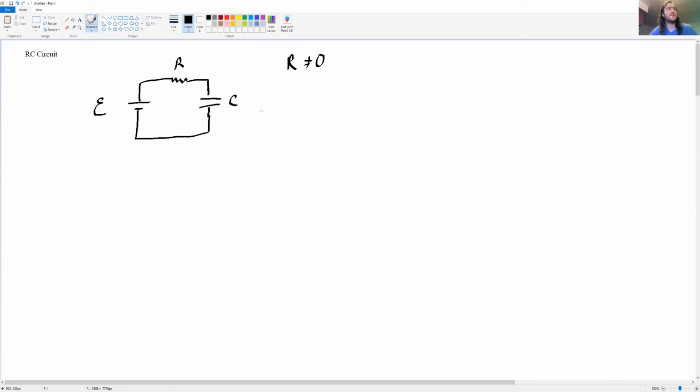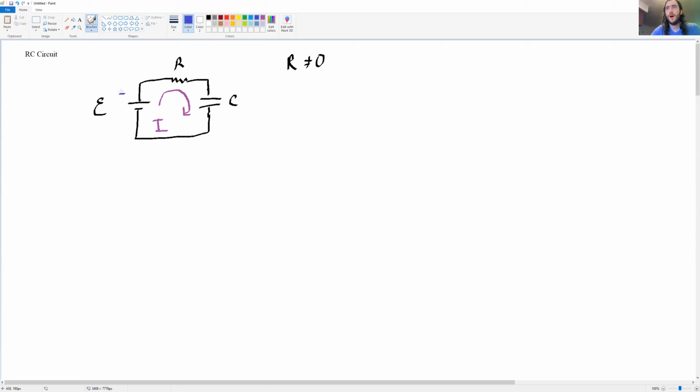All right, so what do we do in a situation like this? Well, the only thing we can do is apply Kirchhoff's voltage law. If we suppose that the current flows in this direction, then we know the polarities on each of these devices here.